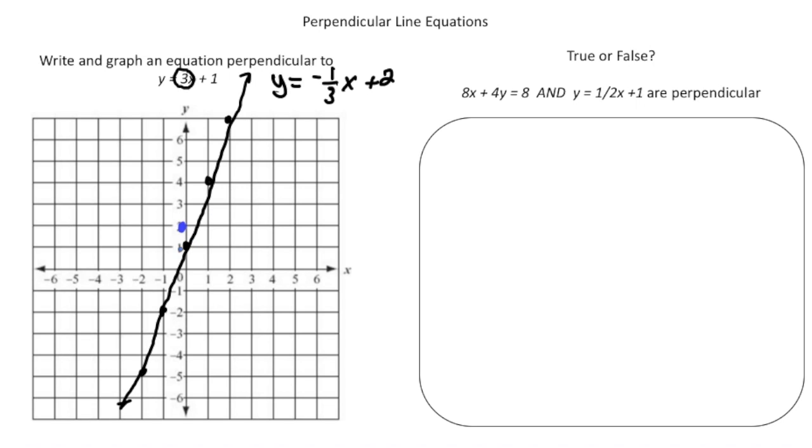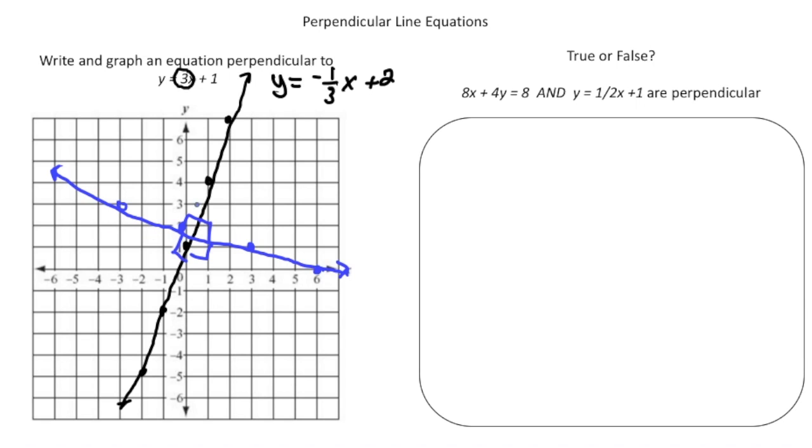So I'm going to go down 1 and then right 3. We also go up 1 and left 3. And carefully connect the dots. Mine's a little bit messy, but we have some right angles here. We have 4 right angles that we create when we have two lines that are perpendicular.